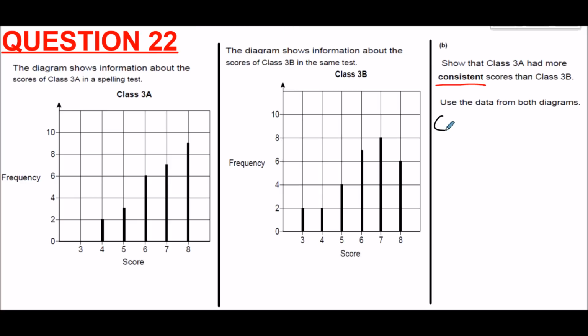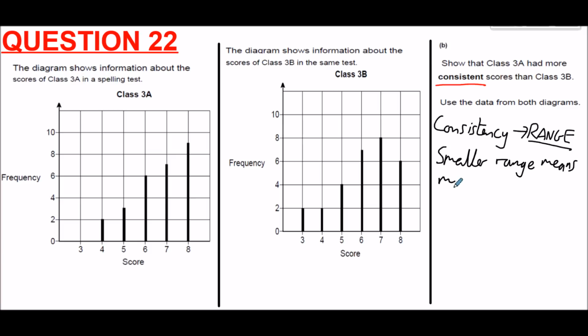If ever you see a question asking about consistency, be thinking the range. The smaller the range, the better the consistency. So I'll write that down just so you can try to remember it. Smaller range means more consistent.